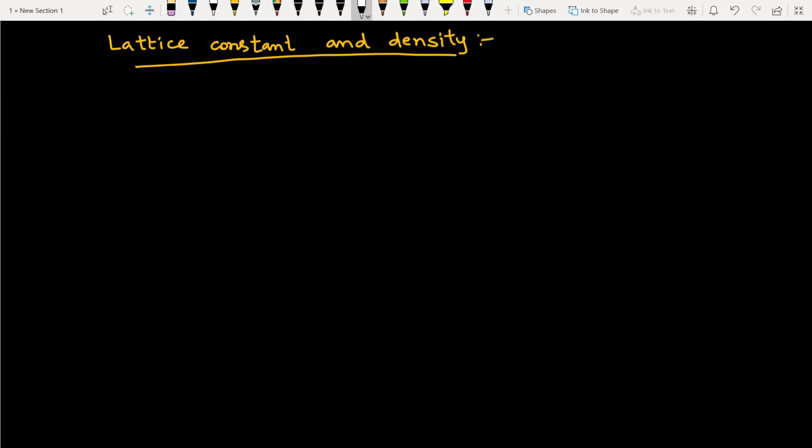So we assume that let capital M be the molecular mass of the given material.